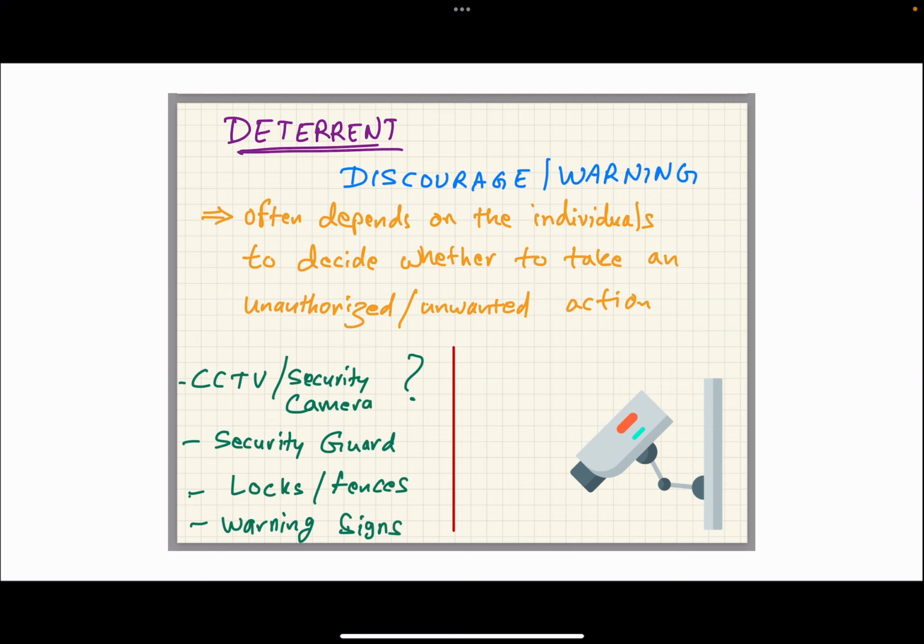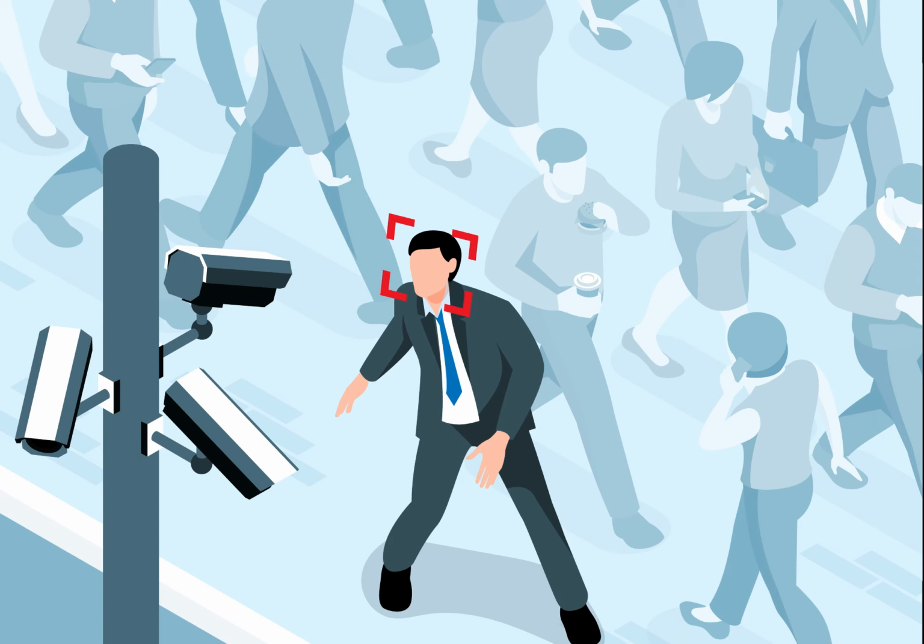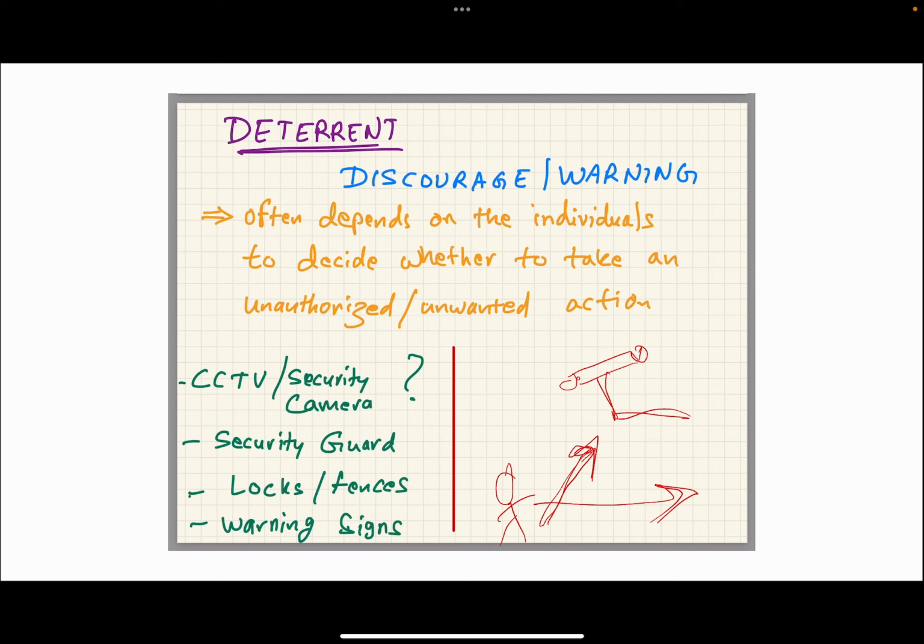Now, why is it a deterrent? So let's say there is a CCTV camera installed at a building. It is up to the thief to decide whether he wants to take that risk of being caught on the CCTV camera, or he looks at it and sees, oh my god, there is a CCTV camera, and if I go inside I'll be caught. So he decides not to get involved in any theft. So that's where it works as a deterrent.